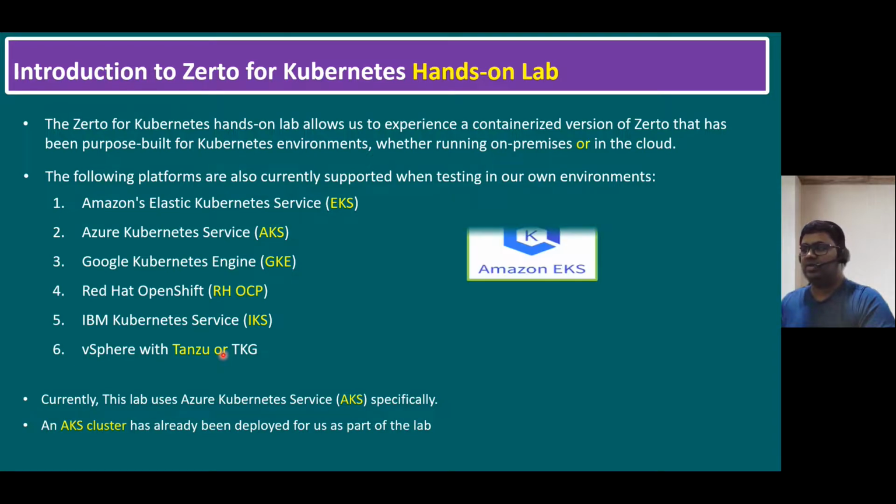Before we jump into the lab, let's familiarize ourselves with the icons of these enterprise Kubernetes solutions. This is the icon for Amazon EKS, Elastic Kubernetes Service.